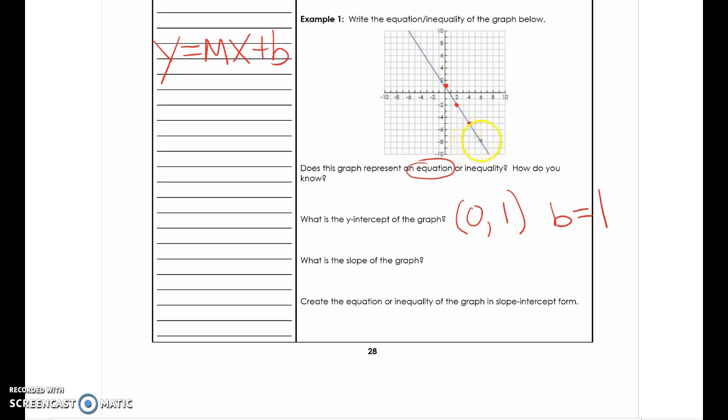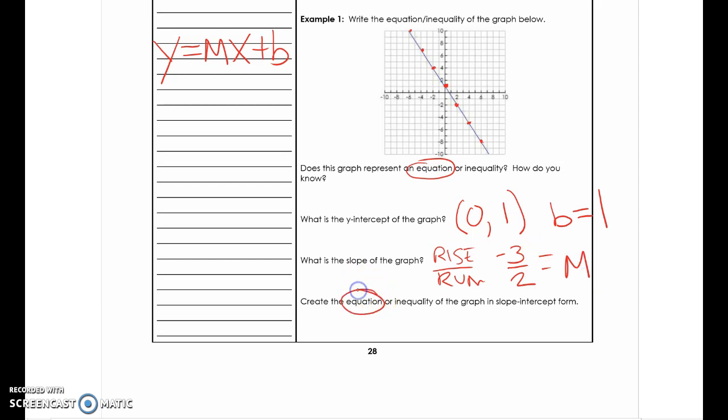I'm going to continue that in both directions to make sure that I didn't make a mistake in the slope. So negative 3 over 2 works. When I move along the line, I stay on the line using the rise of negative 3 and the run of positive 2. So that's the m in y equals mx plus b.